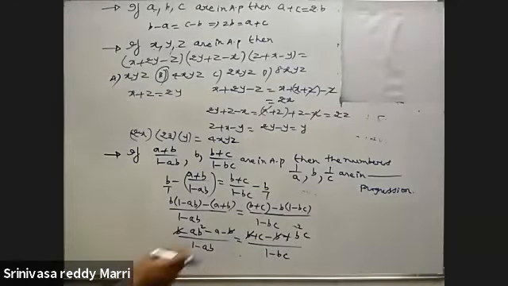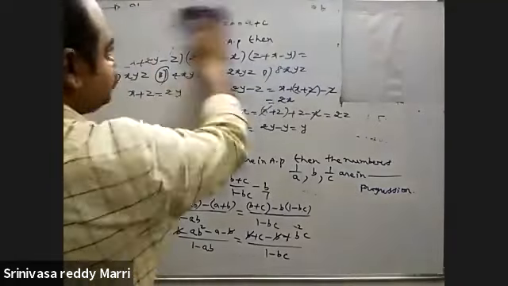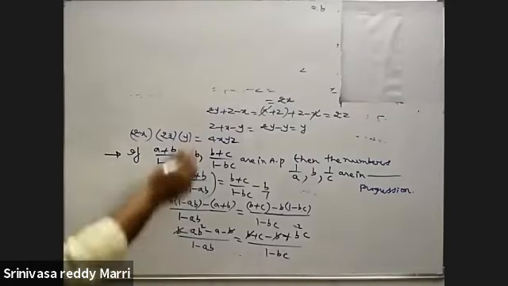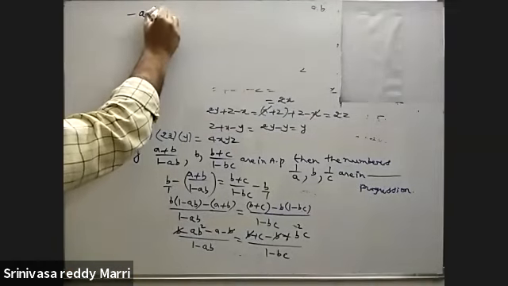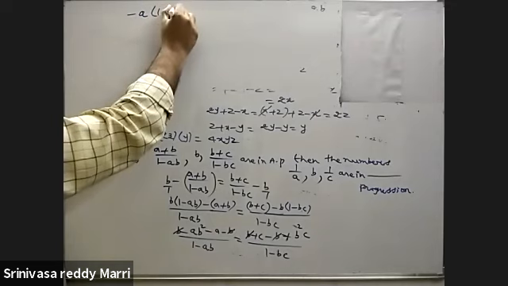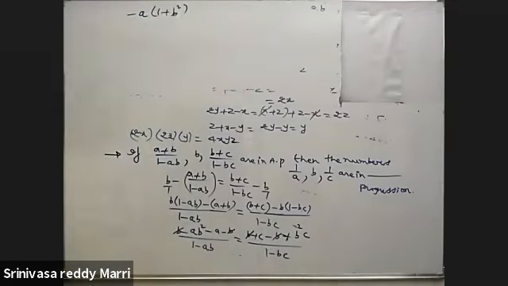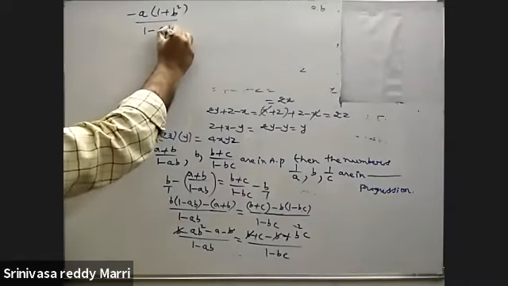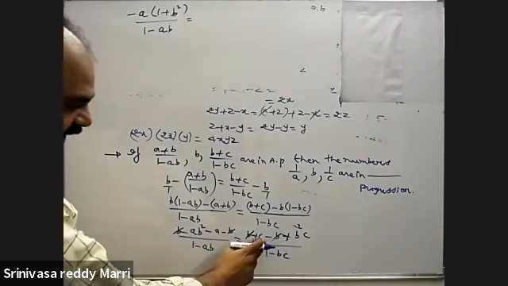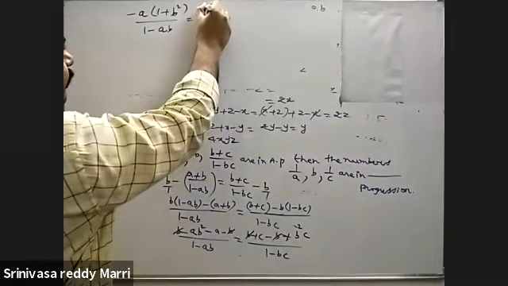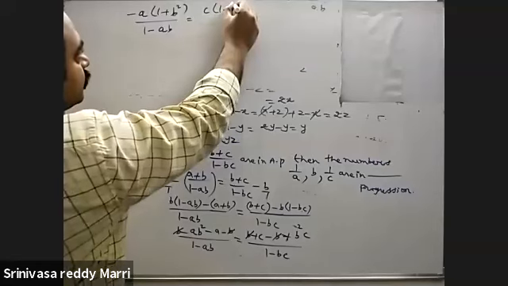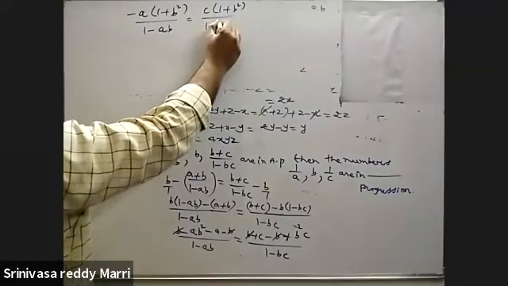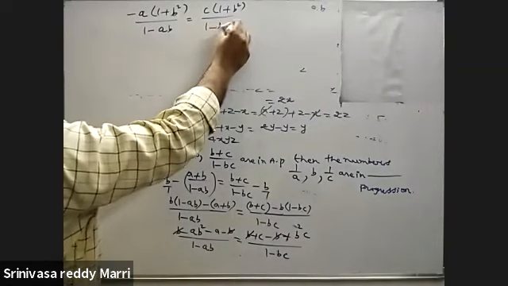Now in these two, minus a is common. You take the common, minus a (1 + b square) divided by 1 minus ab. If you look at here, in these two, c is common: c (1 + b square) divided by 1 minus bc.